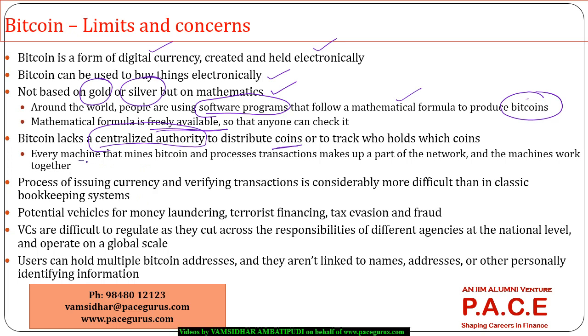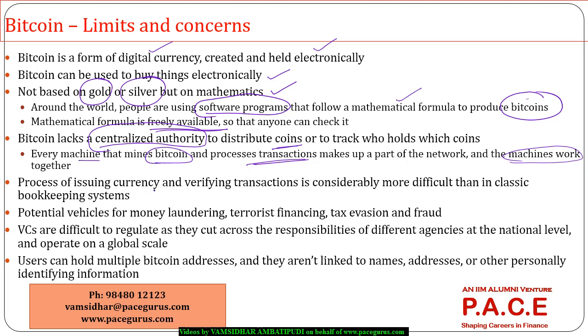Every machine that is mining the Bitcoin and processing the transactions will be a part of the network. There is no single central authority monitoring the whole process, and all these machines work together. So it's purely algorithm based, mathematically driven, a virtual currency.